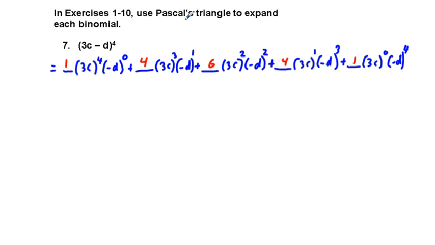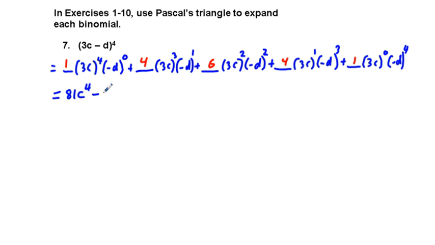I think we'll be able to do this a lot easier than we did number 5. So what we have is this 3 to the 4th power, that's going to be 81. And so we have 81c to the 4th power, and this negative d to the 0th power is 1.